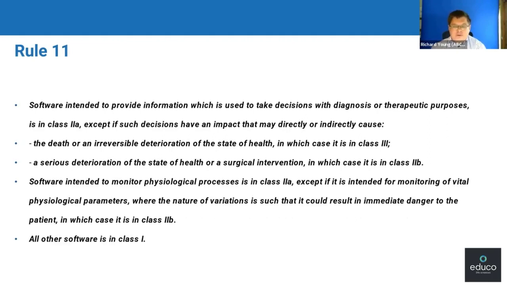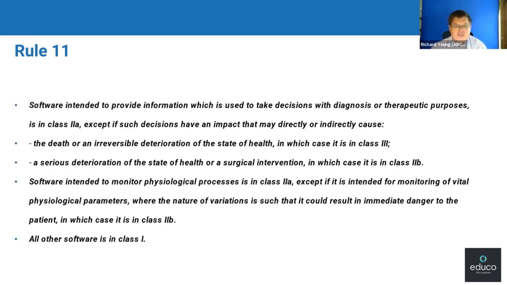So it's going to be reviewed by a notified body, except if such decisions have an impact that may directly or indirectly cause death or irreversible deterioration of state of health, class 3. So you've got to understand the consequences of your product going wrong. Serious deterioration of health or requirement for surgical intervention, class 2B.